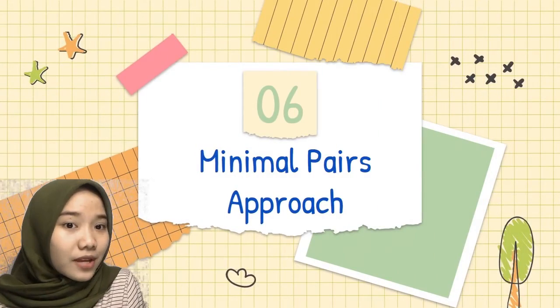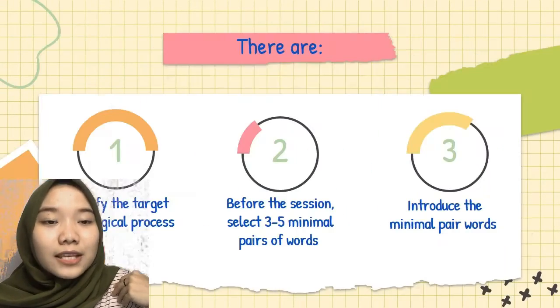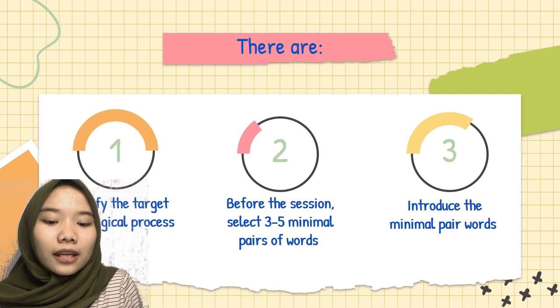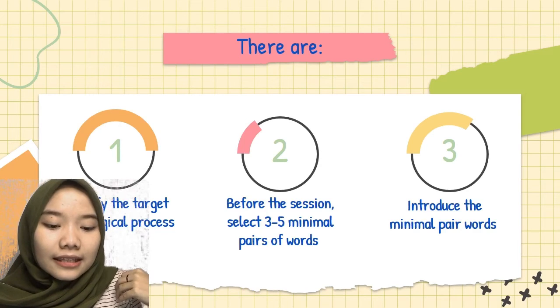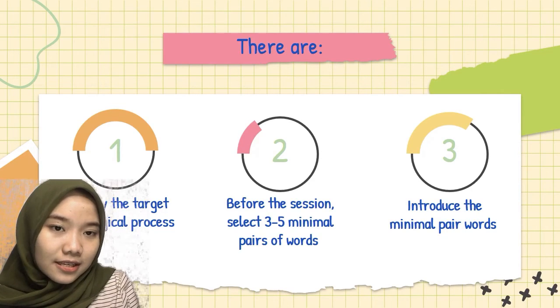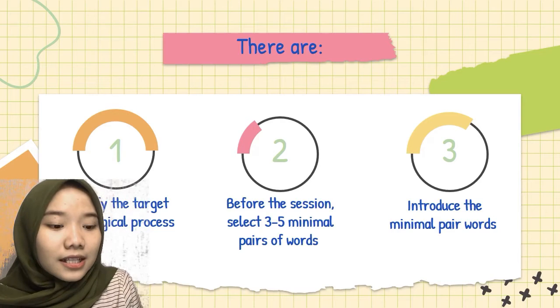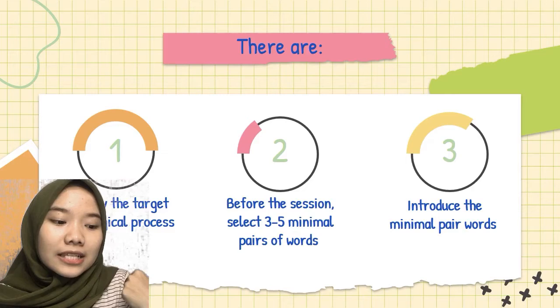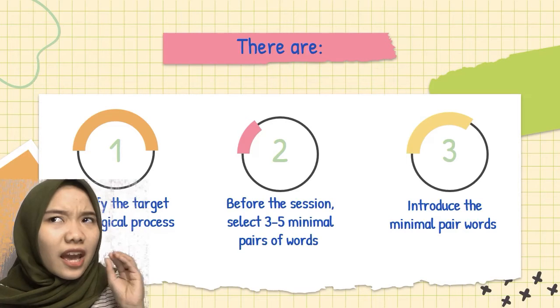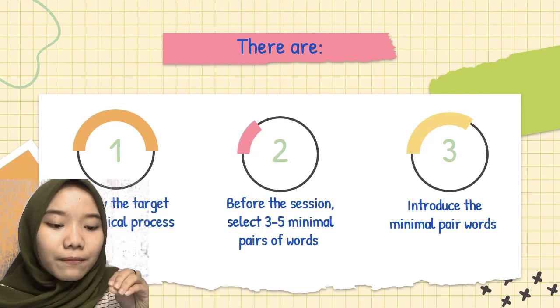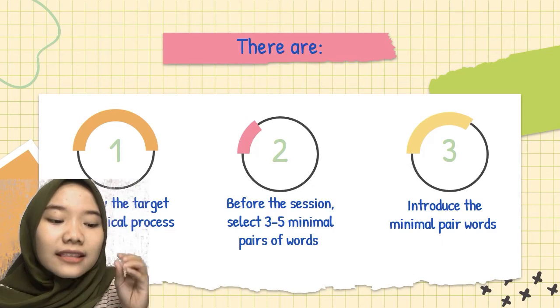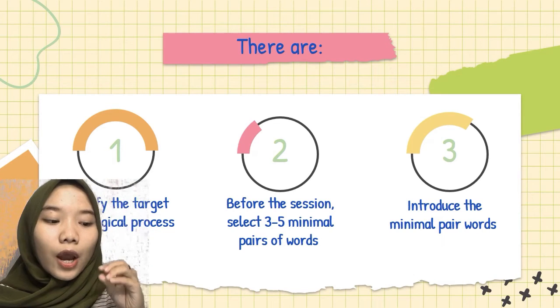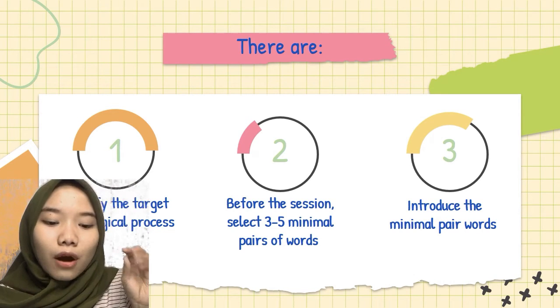The next material is the minimal pairs approach. One, identify the target phonological process. For example, a 3-year-old boy, the name is Ben, has voicing errors. He turns off his voice at the start of his word when he should be turning it on.